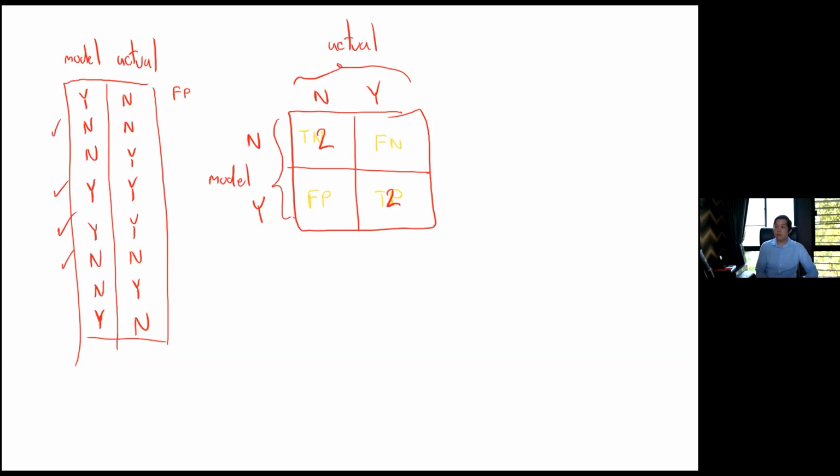How about the false positive? False positive is when the model predicts yes and the actual is actually no. So how many of them do we have here?